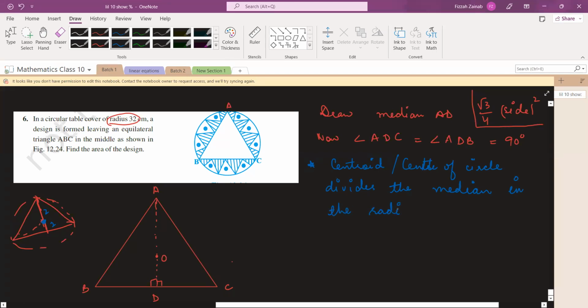You will study it in the chapter circle, but here you can write it in the ratio 2:1. Understand? So that means AO upon OD is actually 2:1, right?